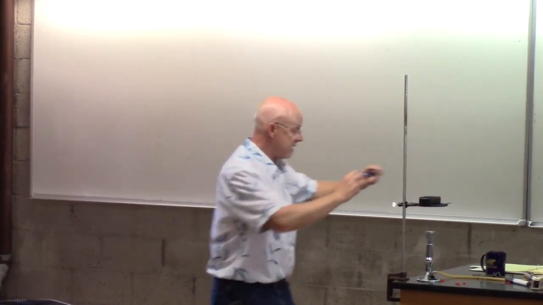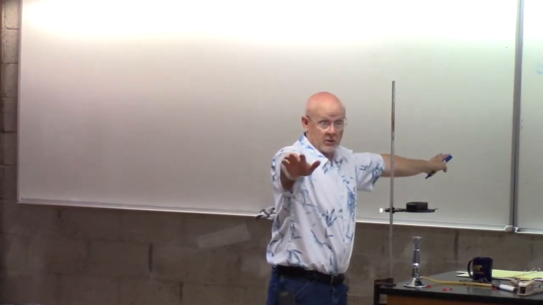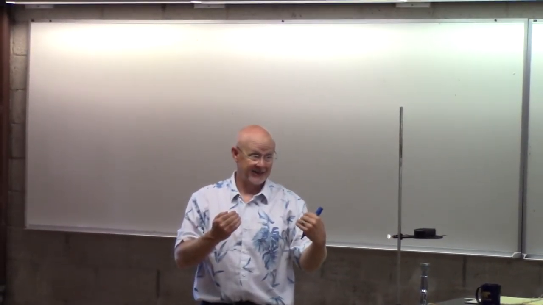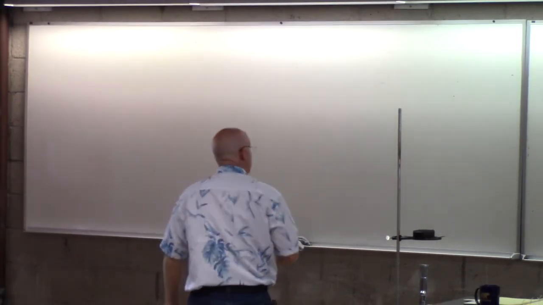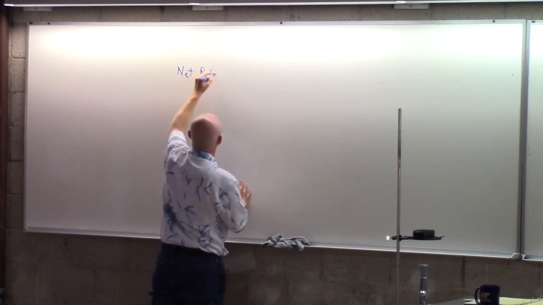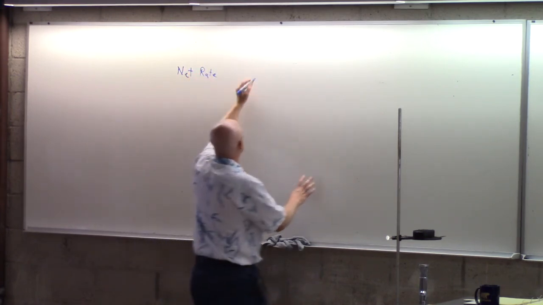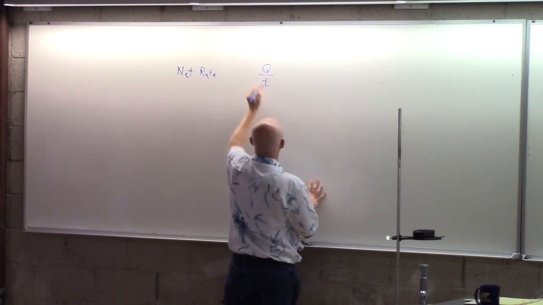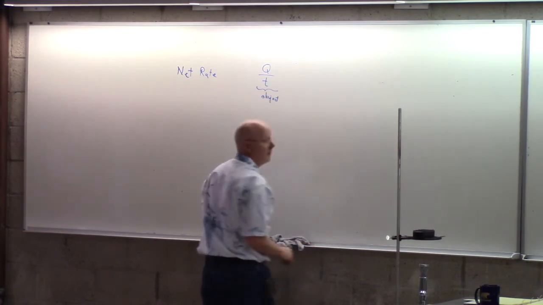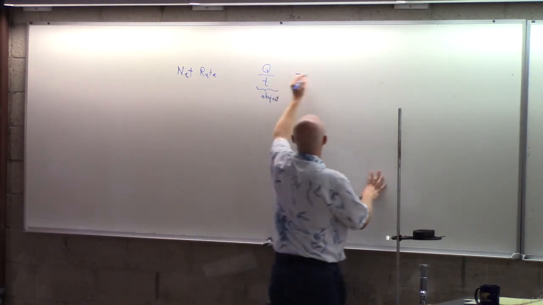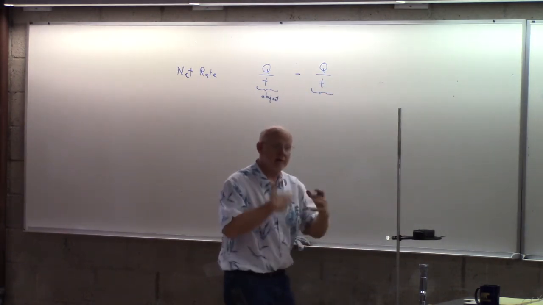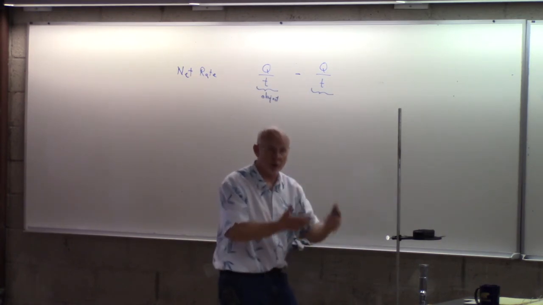So as it radiates energy outward, more is coming at it. So if you wanted to see the net rate, you would say Q over t leaving the object minus Q over t coming from the environment, coming from the room.